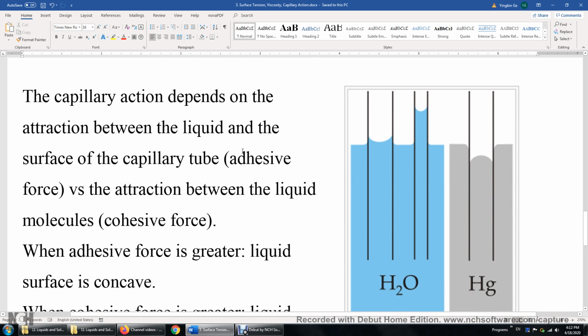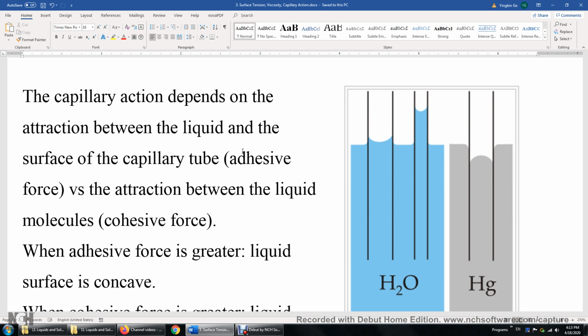What about the capillary action? Again, it depends on the attraction between the liquid molecules and the surface of the capillary tube. That's called the adhesive force, versus the attraction between the liquid molecules, that's called the cohesive force.